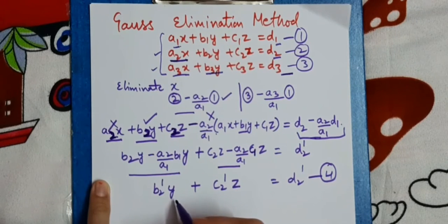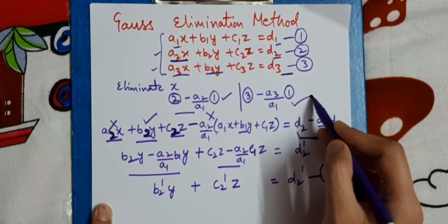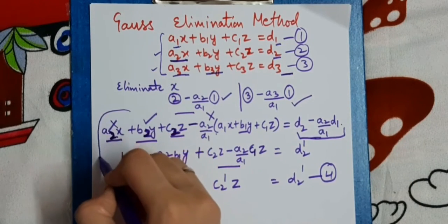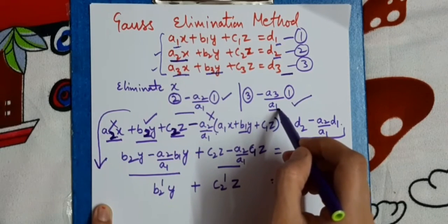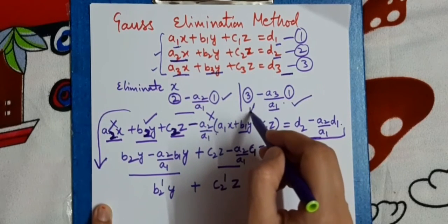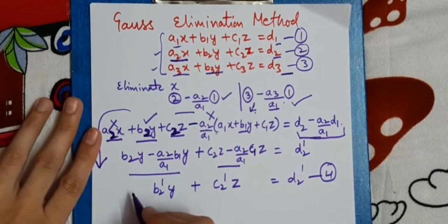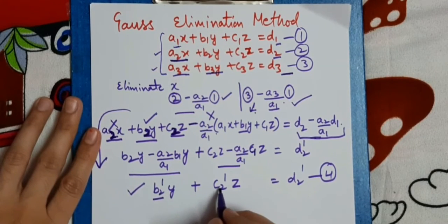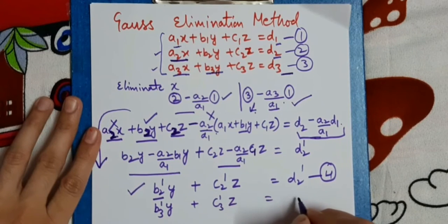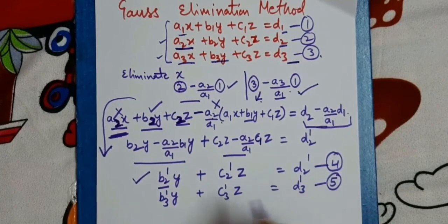Now we will eliminate x from equation number 3. Similarly follow this procedure. Multiply equation number 1 with a3 by a1 and subtract it from equation number 3. We will again be left with an equation of this type. In the next equation we will have b3 dash y plus c3 dash z is equal to d3 dash. Equation number 5.